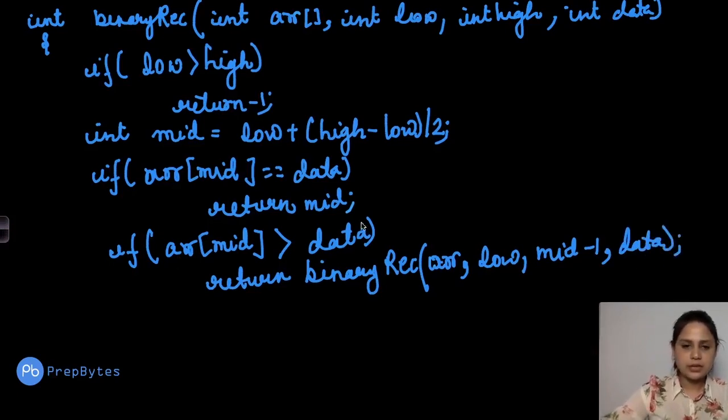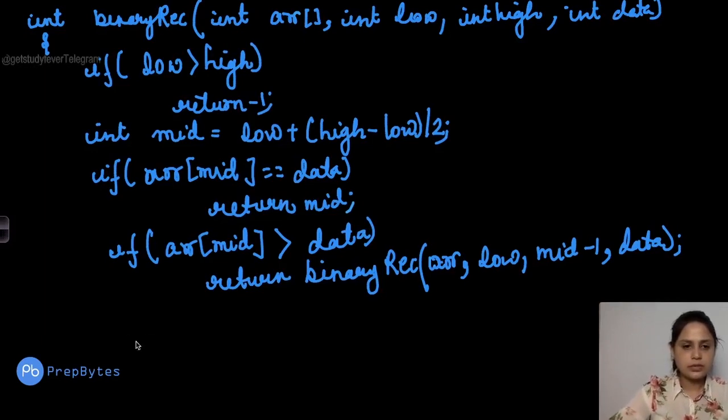Now let's say this is not the case: it is not equal to data, and it is not greater than data. What will be the case? The case is that mid is less than data. In that case, we will search in the second half. To do that, we update our low to mid +1 and high will remain as it is.